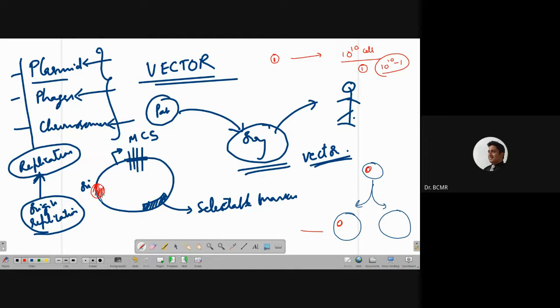If the origin of replication is there, then it's likely that most of the cells may inherit it.